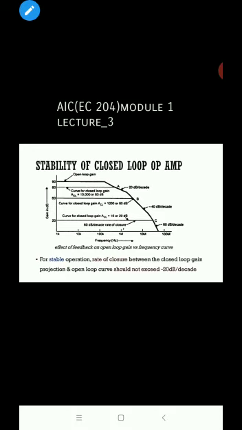We have a flat response showing the open loop gain, and then the curves for closed loop gain of 80 dB, 60 dB, 40 dB and 20 dB, as shown here. So for stable operation, the rate of closure between the closed loop gain projection and the open loop curve should not exceed minus 20 dB per decade.